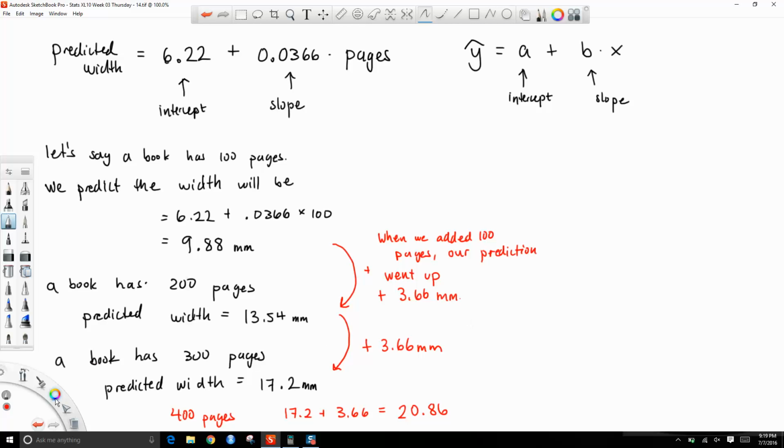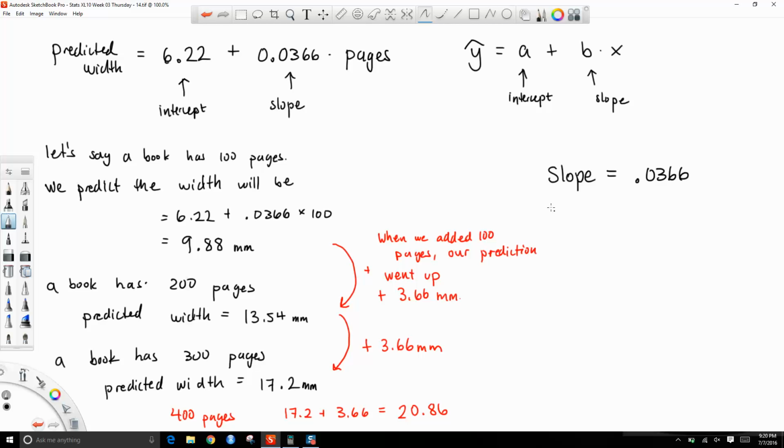Well, this gives us an idea of what the slope means, okay? Where are we getting 3.66? It's our slope times 100. So what is the slope? The slope is equal to 0.0366.